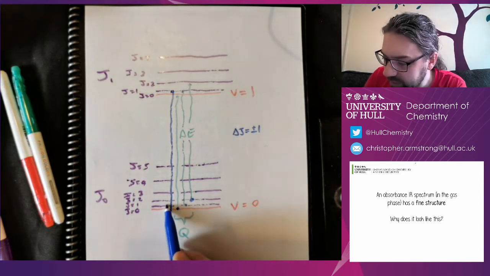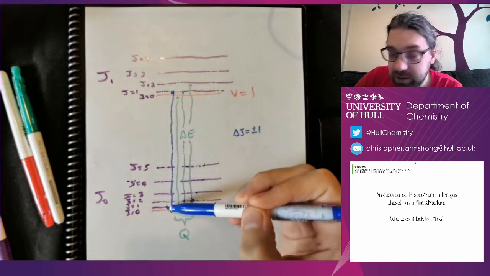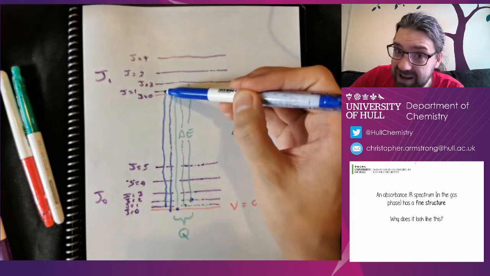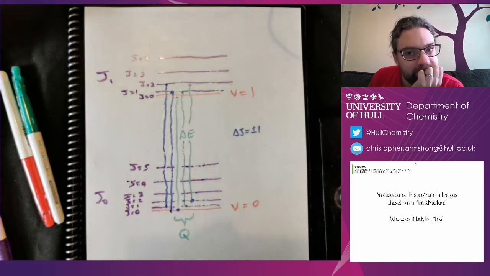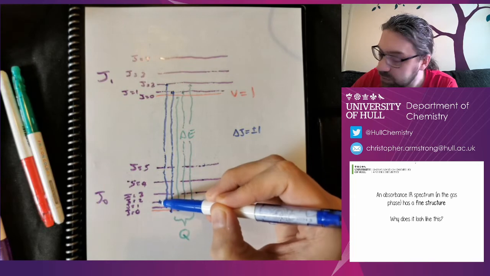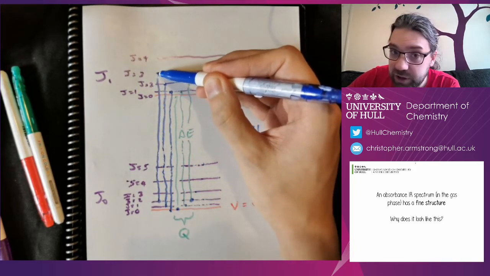Now, let's have a look at this one. If we start in J equals 1, this is the one that's rotating at a little bit of a higher energy level than the ground state. That's going to absorb light. It's going to go all the way up here, past where it started, and land on the next one up. And what about here? This one, J equals 2, shoot all the way up and land on J equals 3.